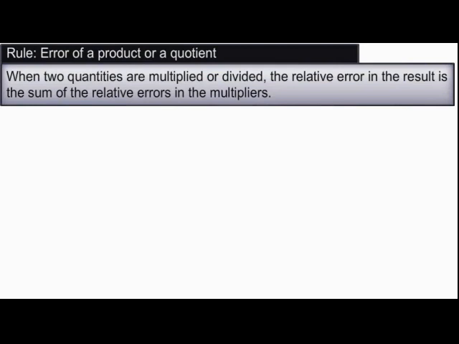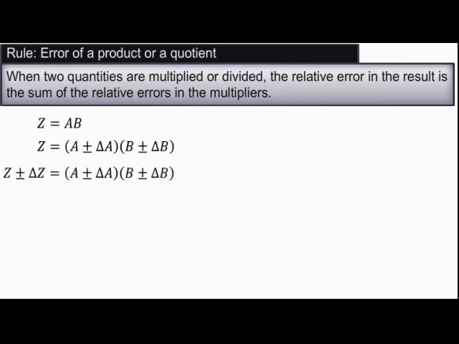Suppose a measurement Z is equal to A into B, and the measured values of A and B are A plus or minus delta A and B plus or minus delta B. Then Z plus or minus delta Z is equal to A plus or minus delta A multiplied by B plus or minus delta B, or Z plus or minus delta Z is equal to AB plus or minus B delta A plus or minus A delta B plus or minus delta A delta B.